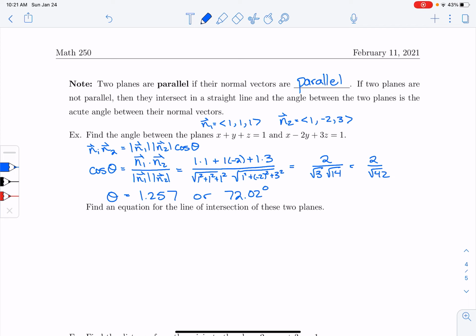Now, we want to find the line of intersection between these two planes. In order to do that, we're going to set z equals 0 to find just a single point of intersection.